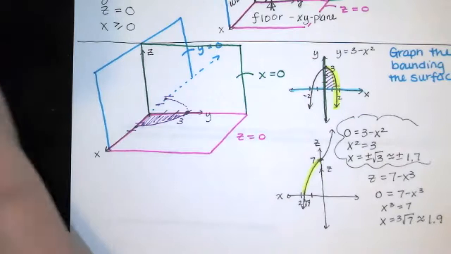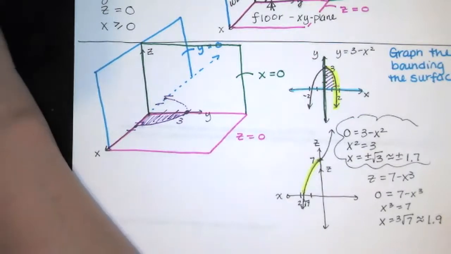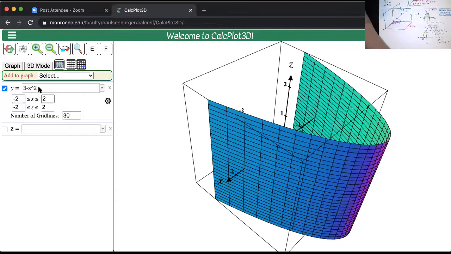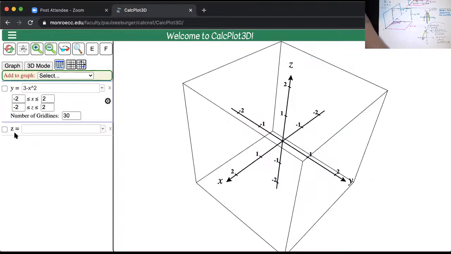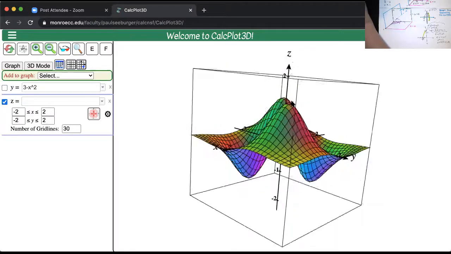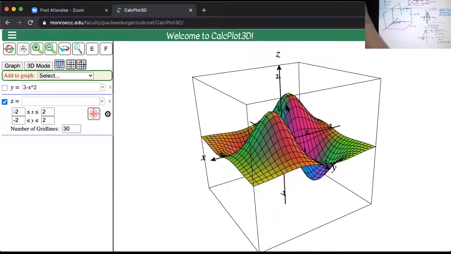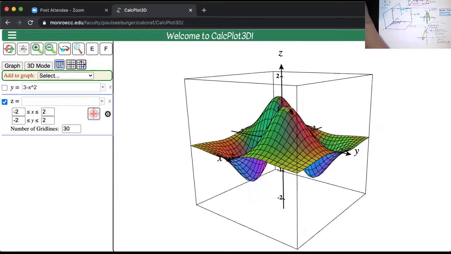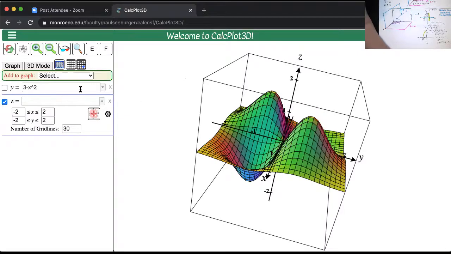I'd like to show you, again, by sharing my screen. Now, I can't graph 7 minus x cubed because I have trouble changing the bounds for z here. They just put in a function that they automatically start us all off with on Calc 3D.